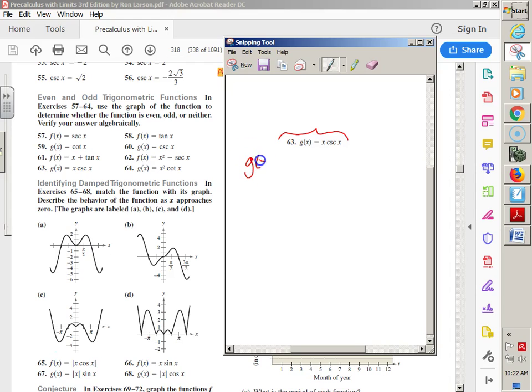You know, symmetry is based on plugging in, asking yourself what happens when you plug in the opposite. That's going to be odd. Neither, that's going to be neither.